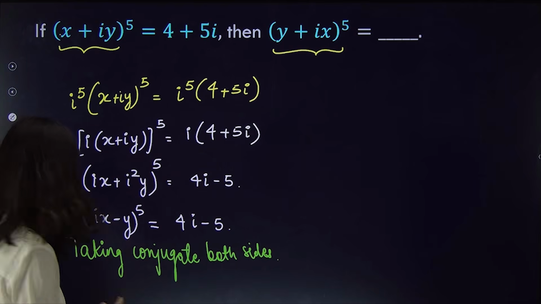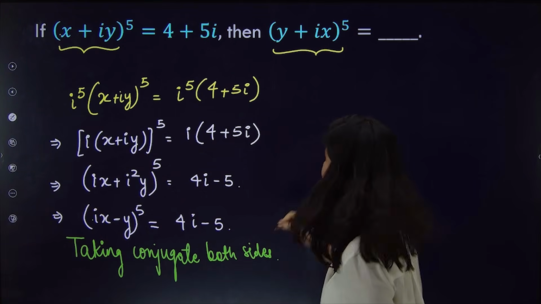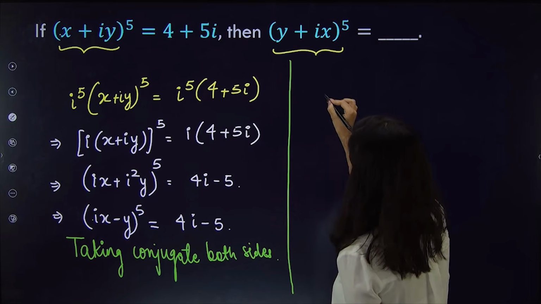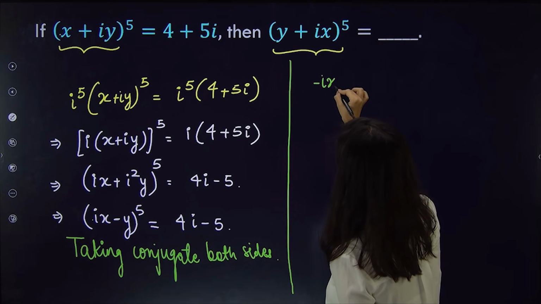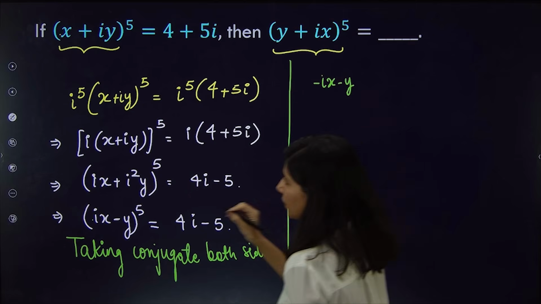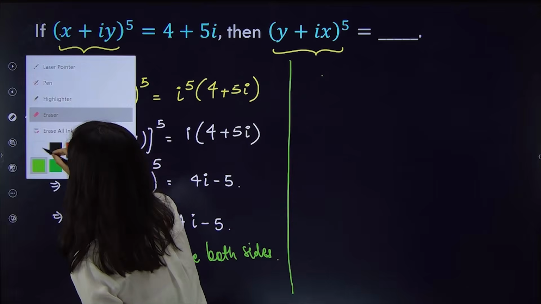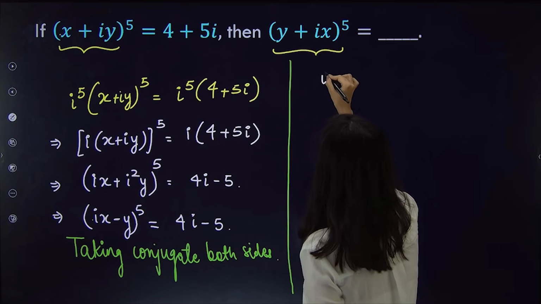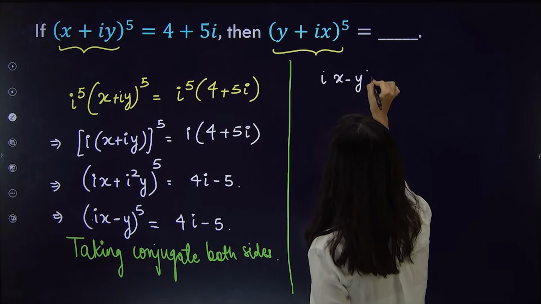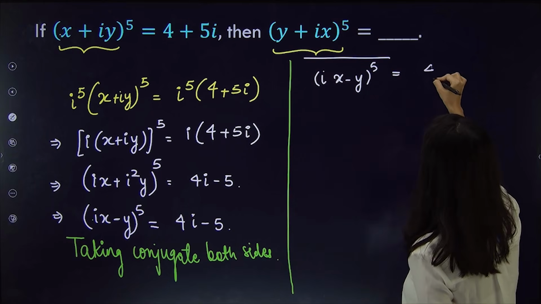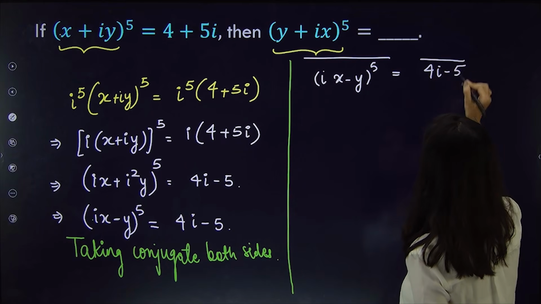Let's take the conjugate first, because we're trying to apply the property. The conjugate of (ix − y)^5 equals the conjugate of (4i − 5).